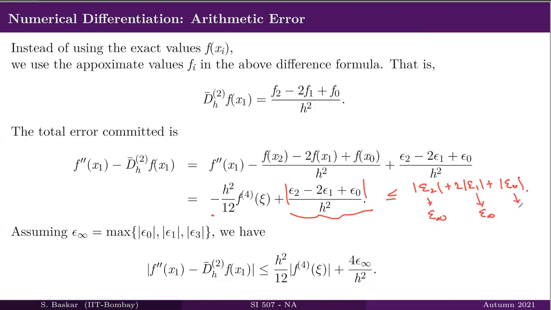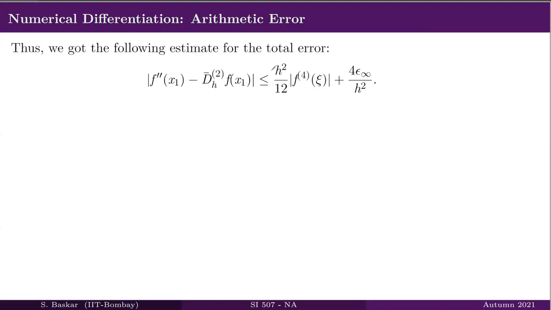And that is how I got 4 times epsilon infinity divided by h square. So we got this upper bound for the total error. We cannot consider this as our final estimate because we still have an unknown parameter involved in the upper bound.